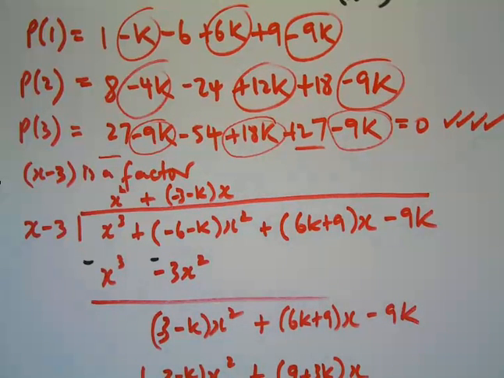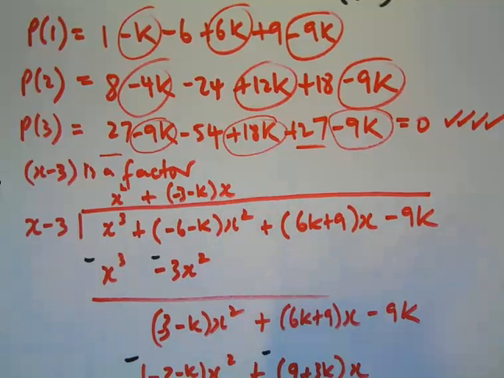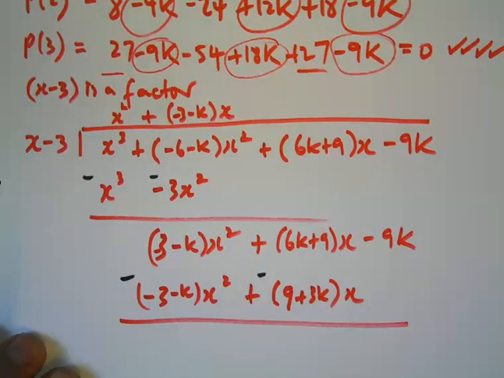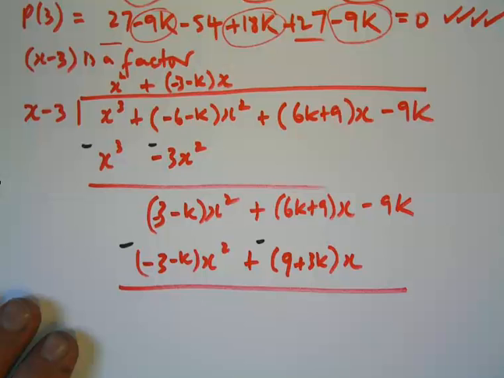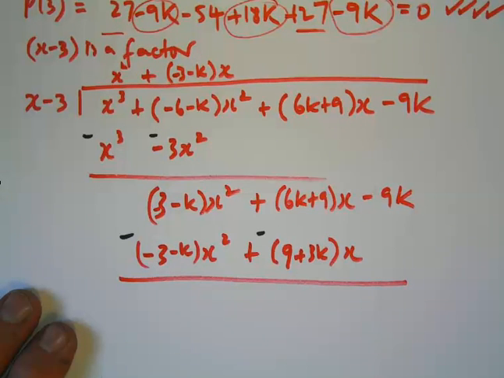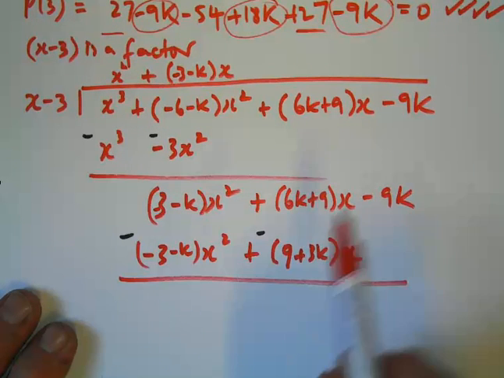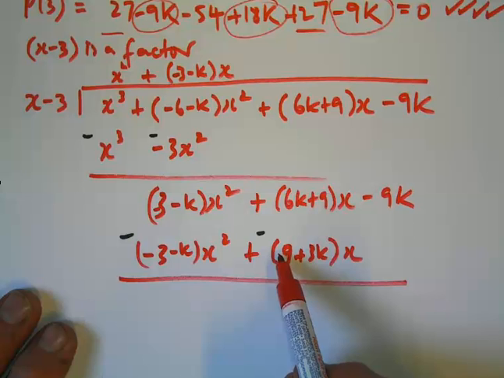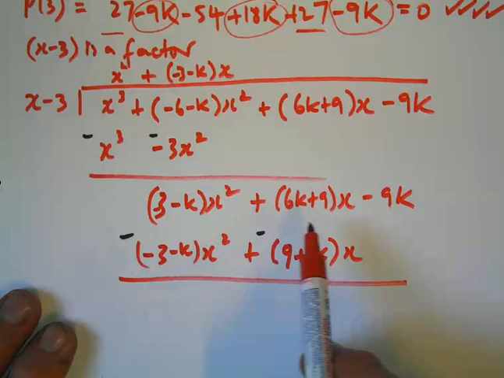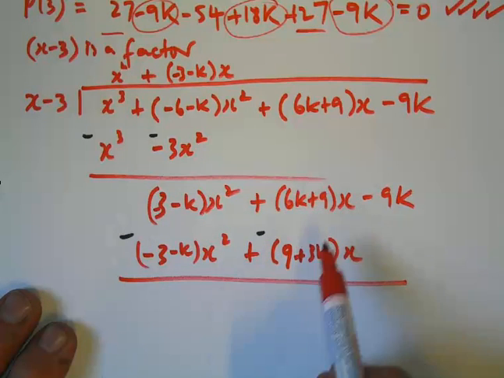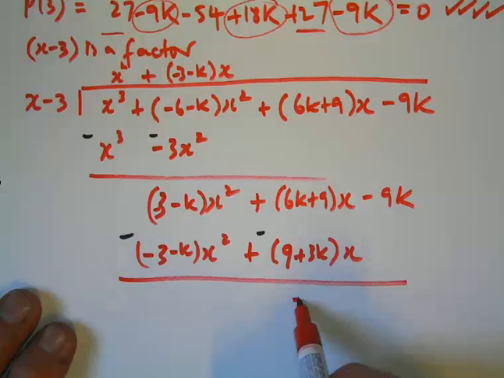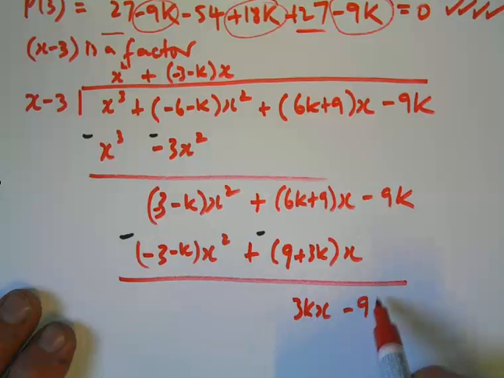Minusing the second from the first. This minus this is 0. I have 9 minus 9. I have 6k minus 3k gives 3kx minus 9k.